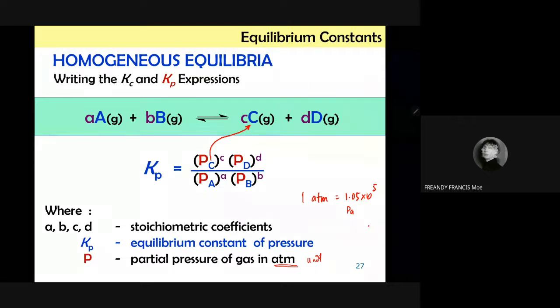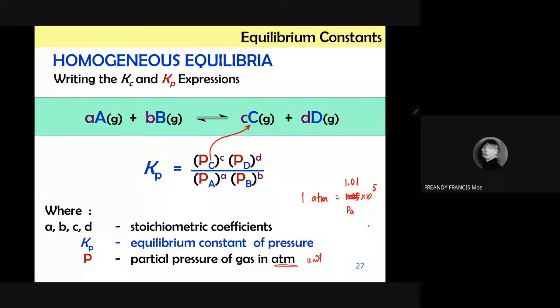Okay, itu adalah what 1 ATM is. Let me just confirm. Sorry, 1.01. Okay, kali 10 kuasa 5 Pascal. Itu adalah 1 ATM.